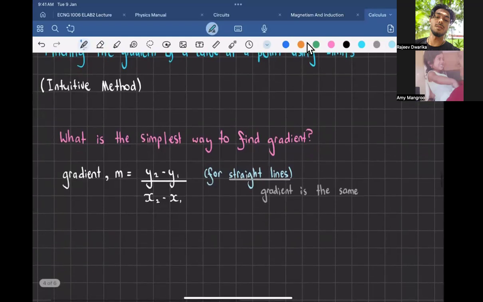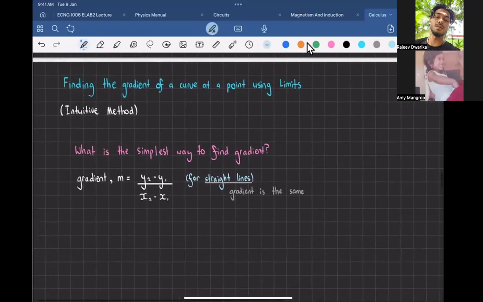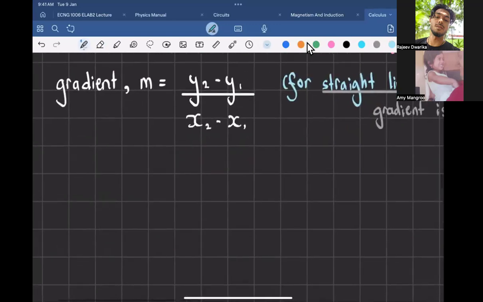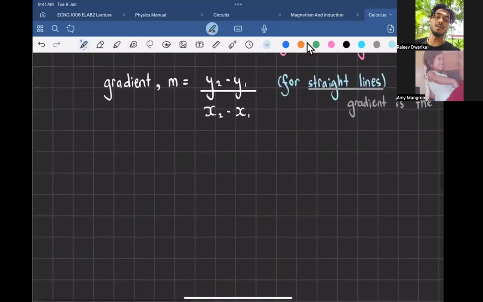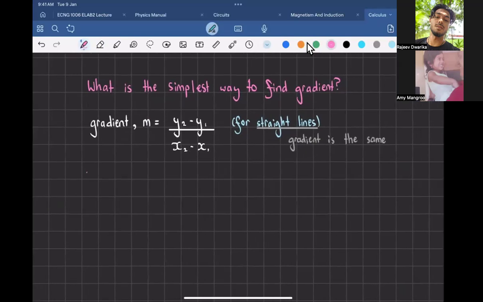Okay. So Amy, we need to now apply this to a curve. Now, what is the weird thing about a curve? The gradient is different at every point. Right. Now, how does this help us find the gradient of a curve?